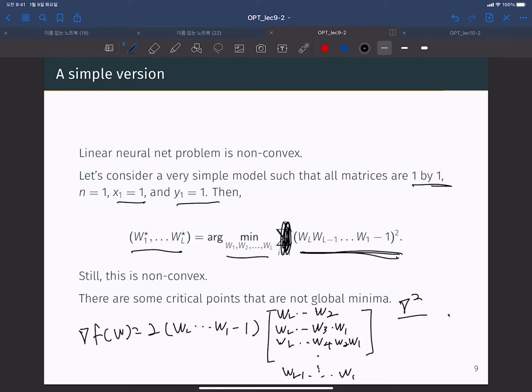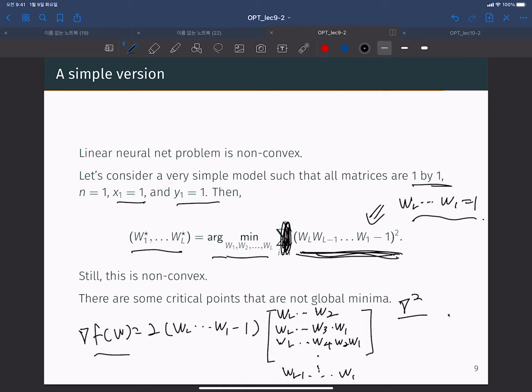Starting from there, your optimization process converges to some very bad local minima. Basically, the global optimum holds when WL times up to W1 equals 1. When this holds, your gradient is equal to 0 and the objective function is also equal to 0, and zero error means the best parameter, the global optimal parameter, because we cannot make the objective function below 0, since the square is non-negative, right?